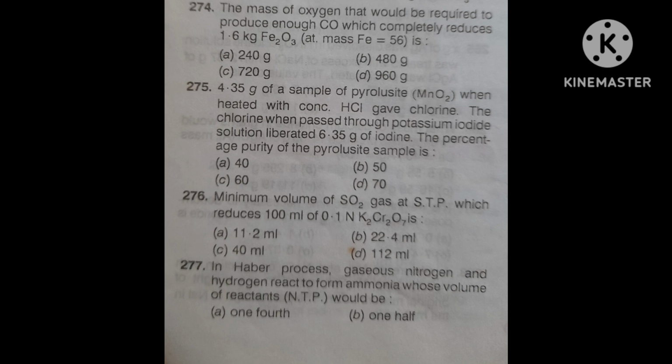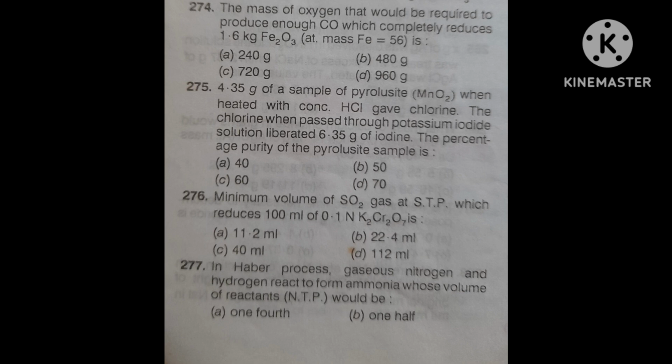That is 4.9 divided by 1000 into 100 gram. K2Cr2O7, its equivalent weight is 49, you remember.